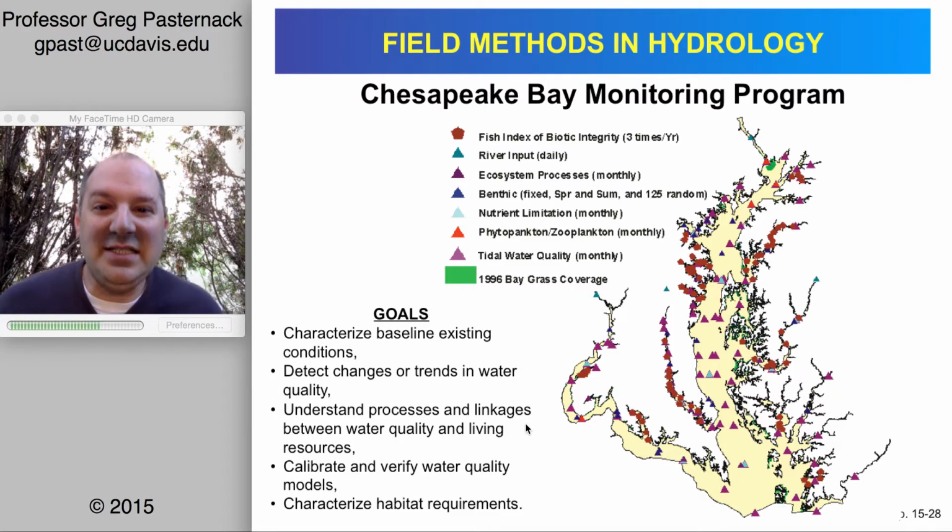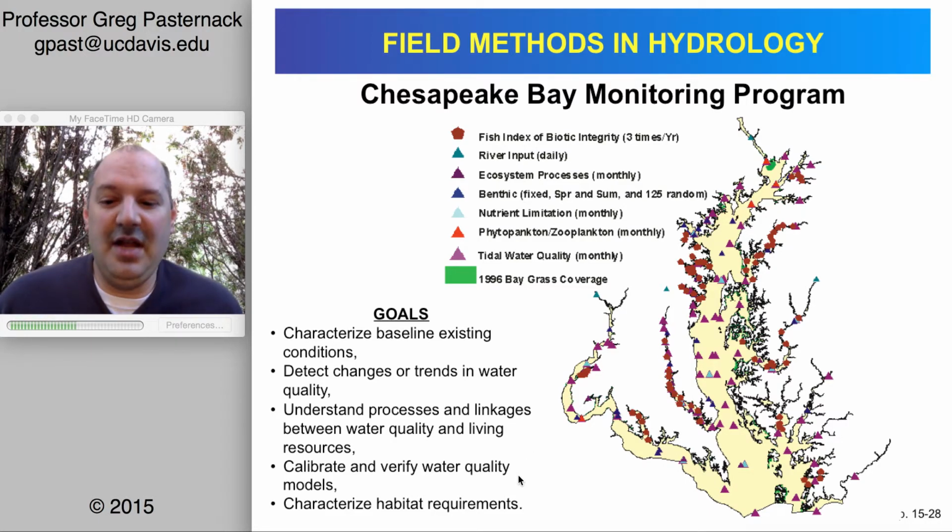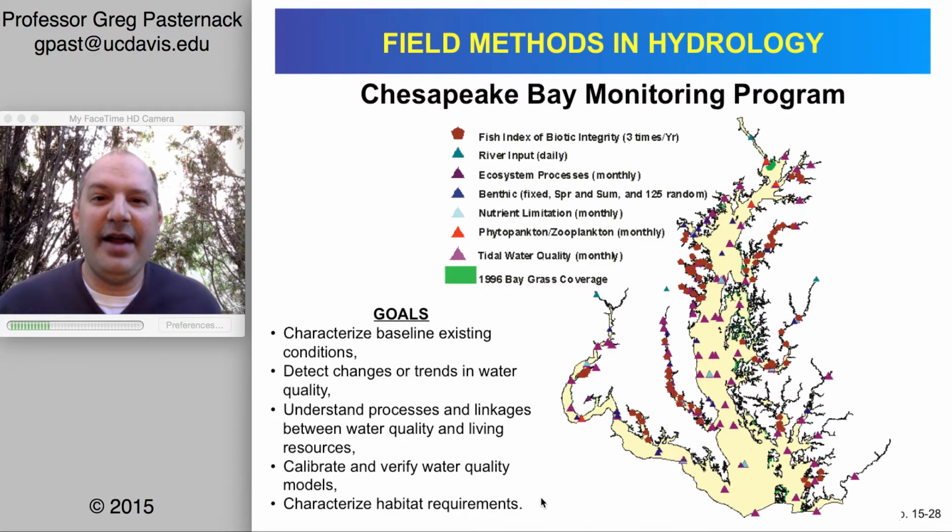They also look at the processes that link water quality and the living resources. So, if we were to improve water quality, would we expect to see a benefit to the different organisms that are there? That's something you have to monitor. There are computer models that help us understand the system, so we need to calibrate and verify those, and then characterize habitat requirements.